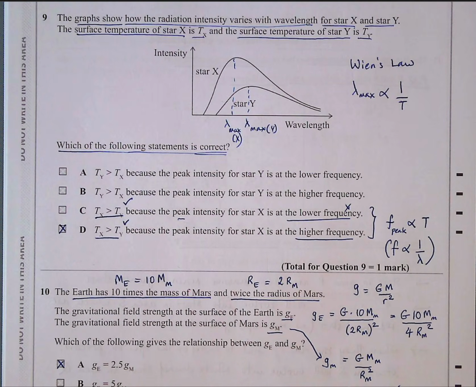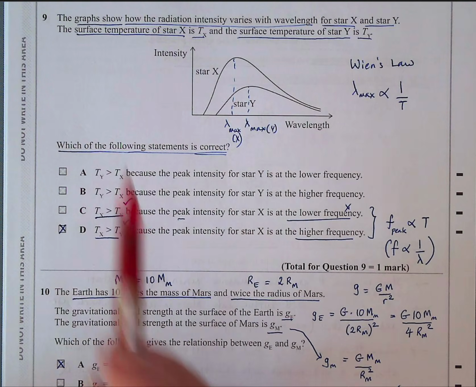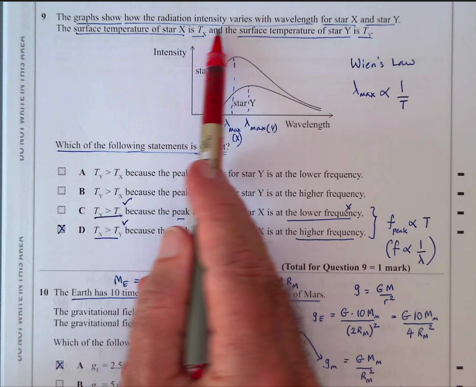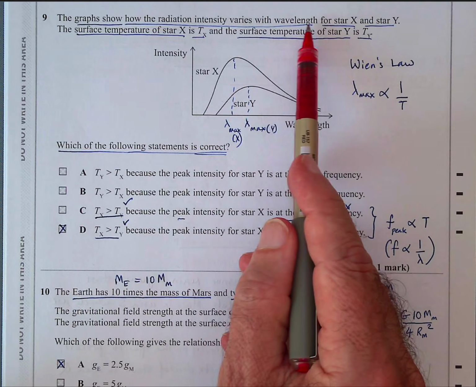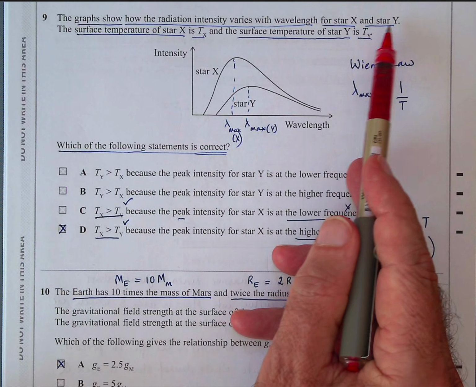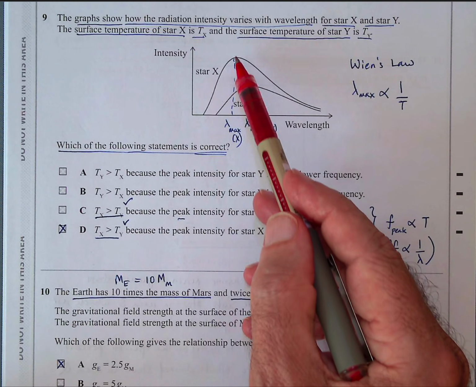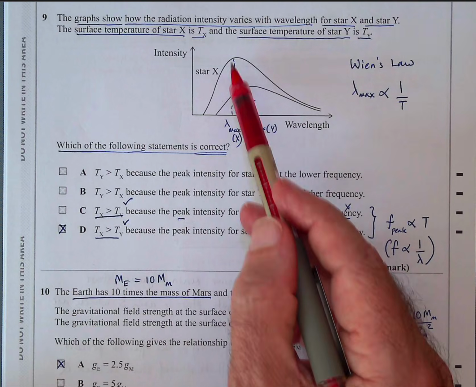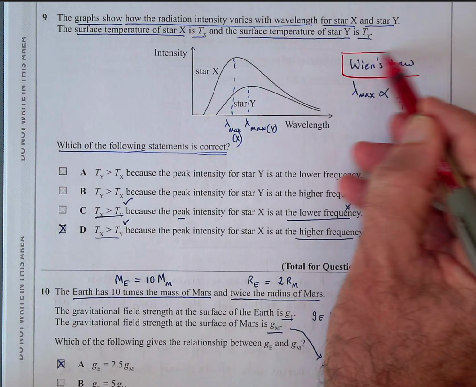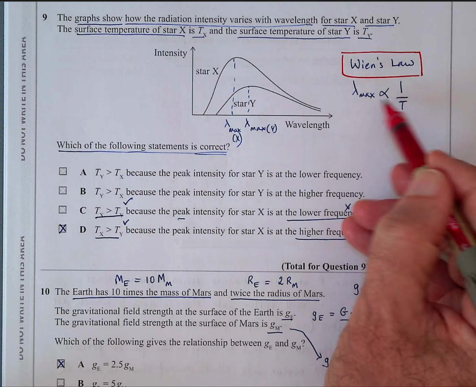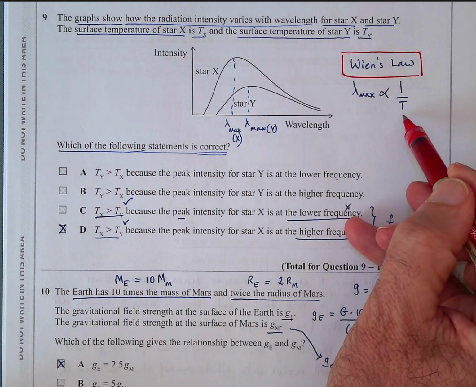Okay, we're on to the last page of the multiple choice, question 9. This graph shows how the radiation intensity varies with the wavelength for star X and star Y. So basically from the peak wavelength, you can determine something using Wien's law. We know Wien's law is lambda max is inversely proportional to temperature.